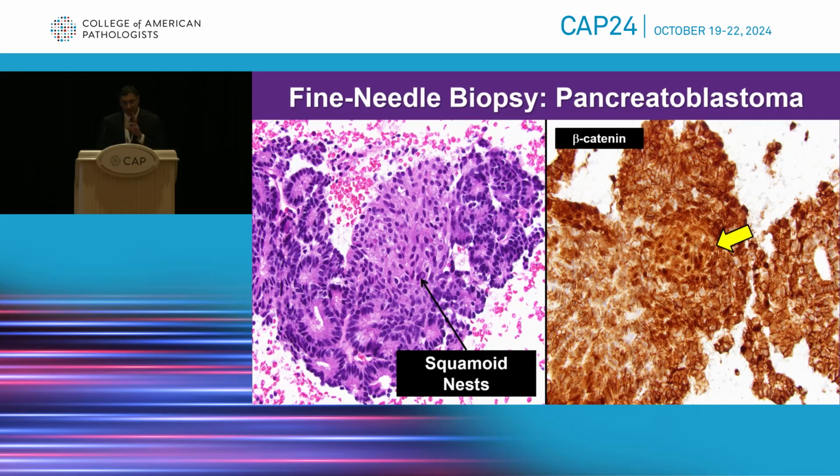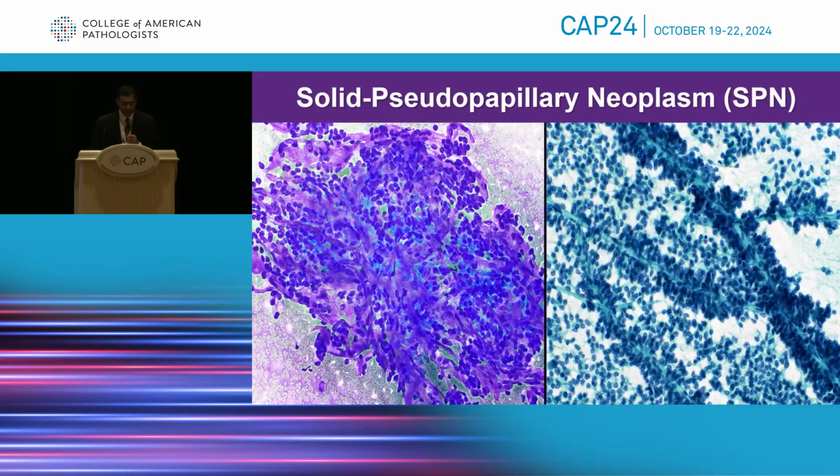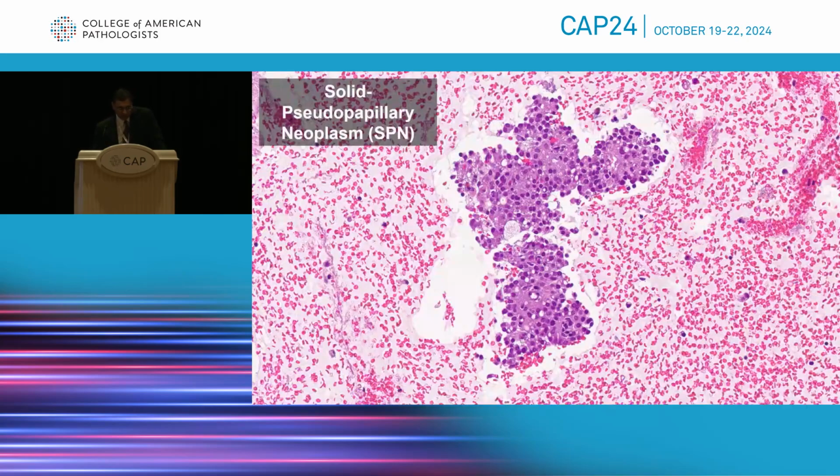So those are things to think about in your differential, but again, the beta-catenin would only be nuclearly positive within those squamoid nests, but not within the remaining portion of the neoplasm. But obviously, when you talk about beta-catenin and the pancreas, you have to think about another neoplasm, and that's solid pseudopapillary neoplasm, which would also enter the differential diagnosis of a sheet-like growth pattern, cytologically composed of a papillary branching architecture of neoplastic cells.